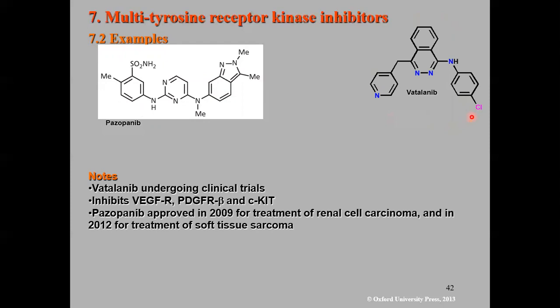Pazopanib, on the other hand, approved in 2009 for treatment of renal cell carcinoma, and in 2012 it was approved for the treatment of soft tissue sarcoma. Pazopanib inhibits VEGFR1, VEGFR2, VEGFR3, PDGFR, and c-KIT.